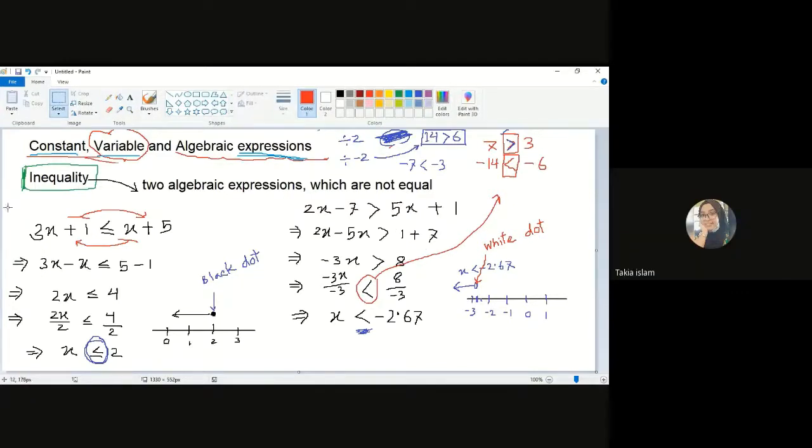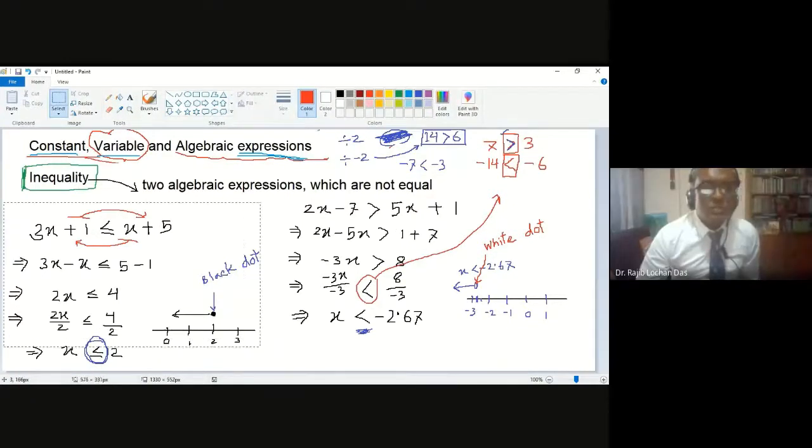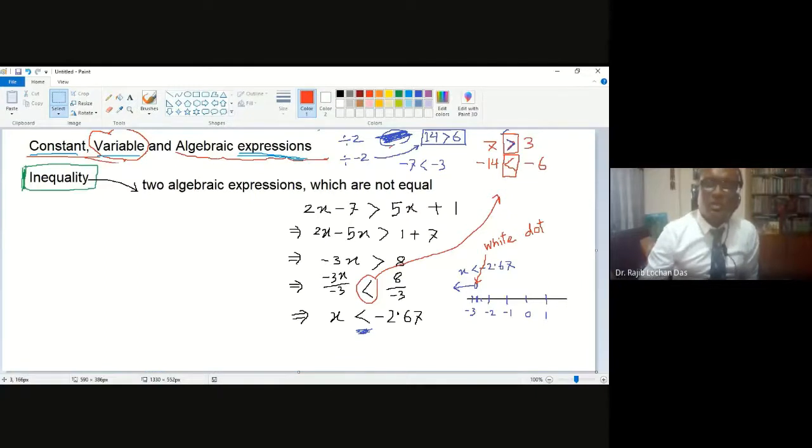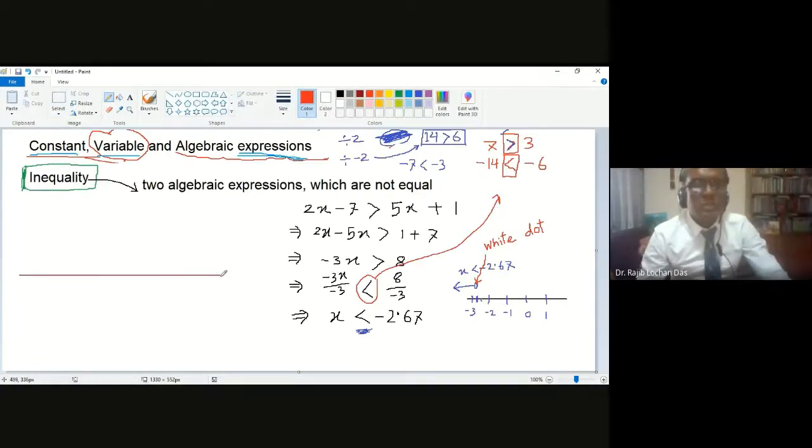Yes, sir. So there are two systems we are discussing now, less than and less than or equal. If only less than, then it will not be filled up, just a white circle.